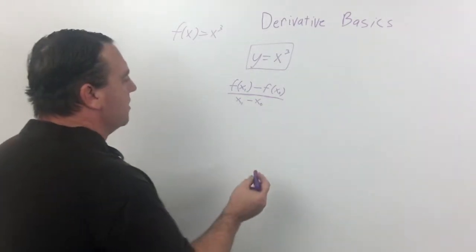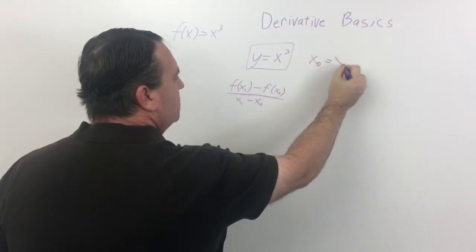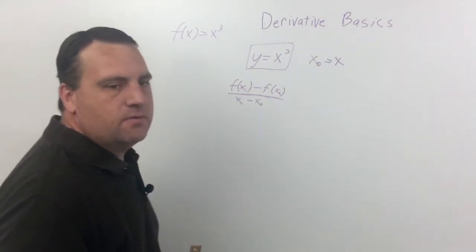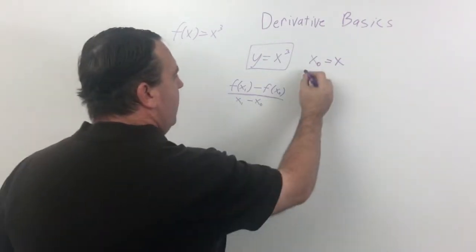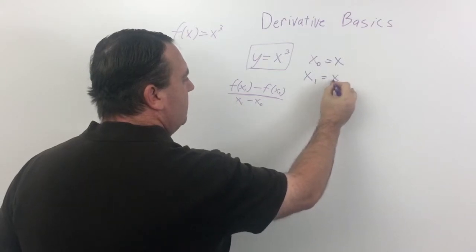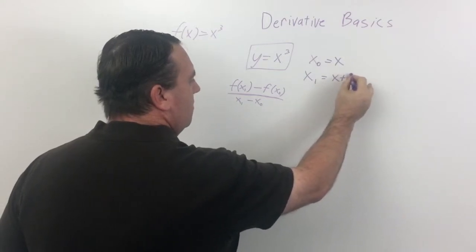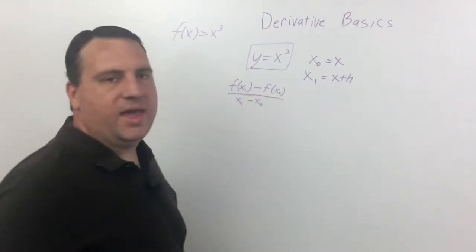Okay, so the first one, x0 is just going to be whatever x value that we're looking at. And then x1 is going to be that same x value bumped up by a very small amount that we'll call h.